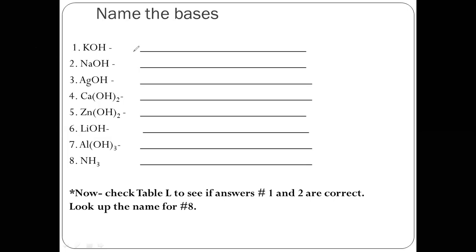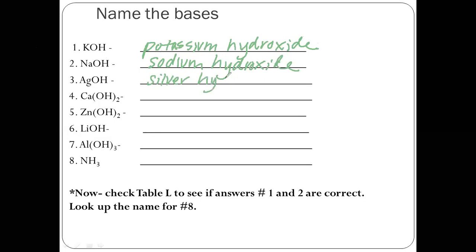Okay, so KOH. Name the metal, potassium. Name OH, hydroxide. Okay, NaOH, sodium hydroxide. AgOH, silver hydroxide. I did not give you any that you need a Roman numeral for. But remember, if you have transition metals, except for silver and zinc, you'll need a Roman numeral.